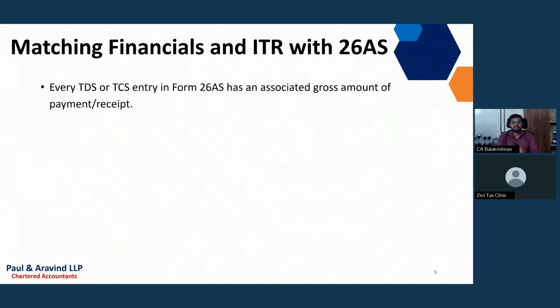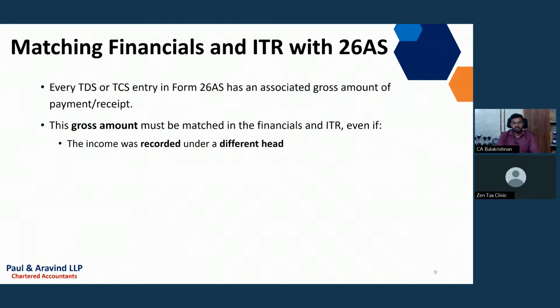That income needs to be reported, because in the ITR, I'll show it in the next slide, we have a separate schedule to report TDS and TCS claims. Each head-wise income needs to be offered, and section-wise also. And this gross amount, if reflected in Form 26AS, must be matched with our financial statement, even if the income is offered under different heads.